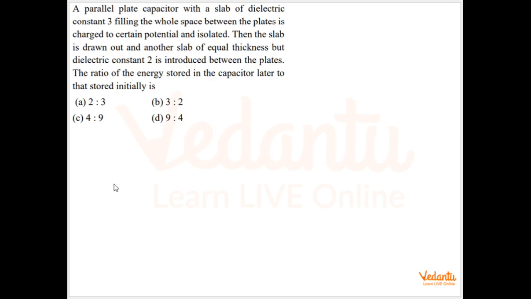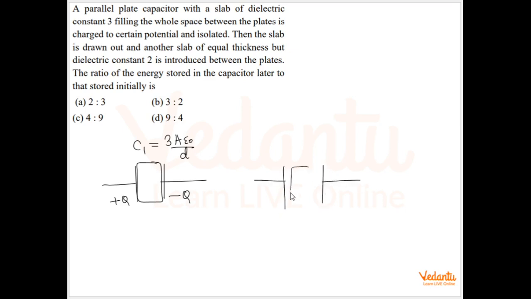So my dear bachcha log, initially, first of all, it is an isolated capacitor, so it will just have a constant charge. Initially it has capacitance C1 as 3A epsilon naught by D, and finally the dielectric is changed to have a constant of 2.